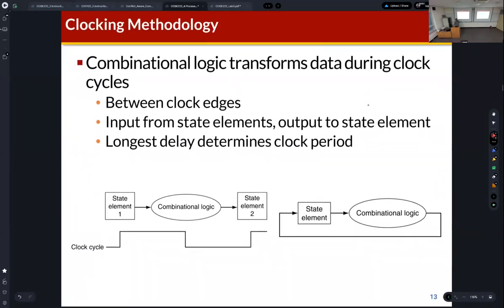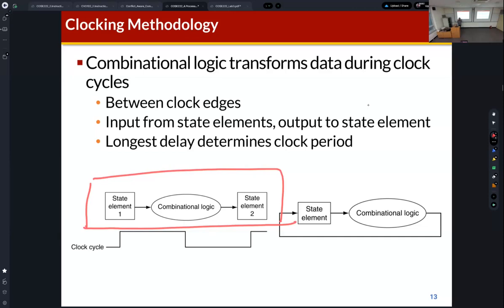Okay, so let's see the mechanism of clock, the clock methodology. I mentioned that in order to build a circuit, we combine both combinational logic and sequential logic. We use flip-flops and combinational logic, because we build a digital circuit or digital system like this.